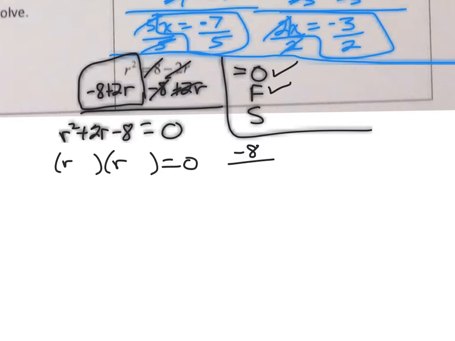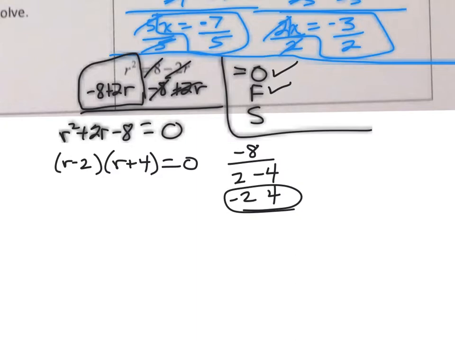It goes -4 times. So 2 and -4, or -2 and +4. There you go. That one adds up to +2, so that's the one that we need. So r minus 2 and r plus 4.